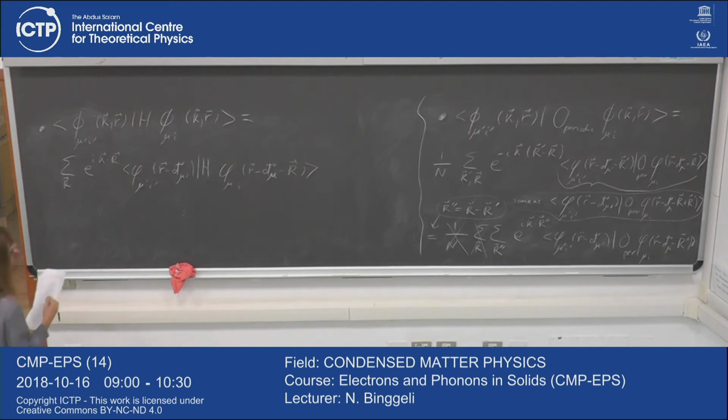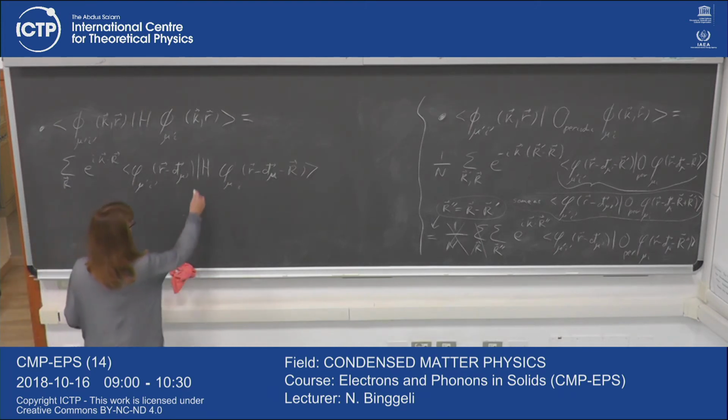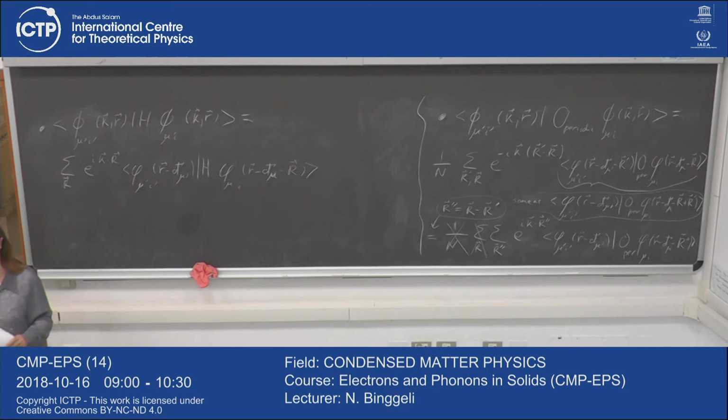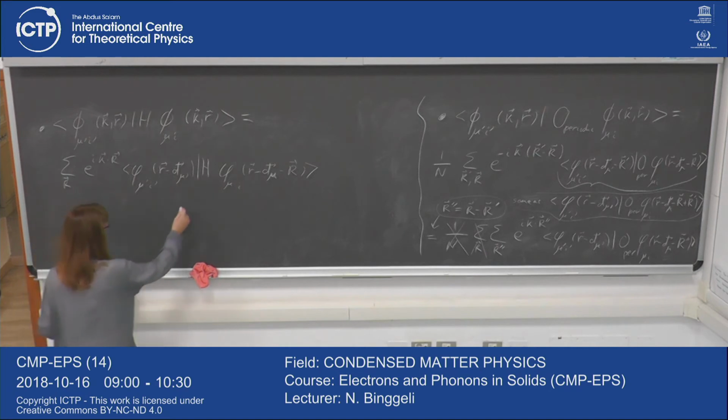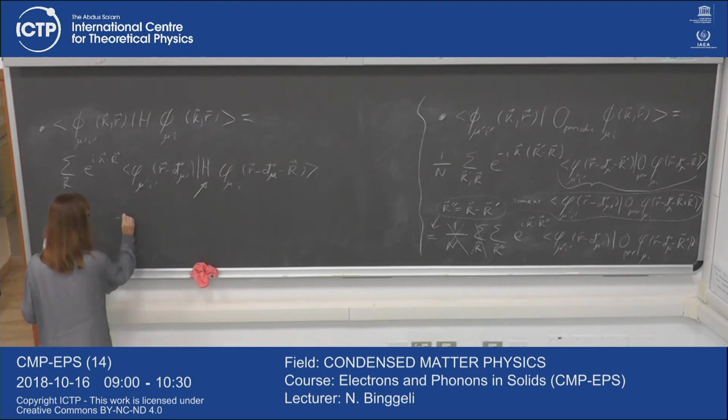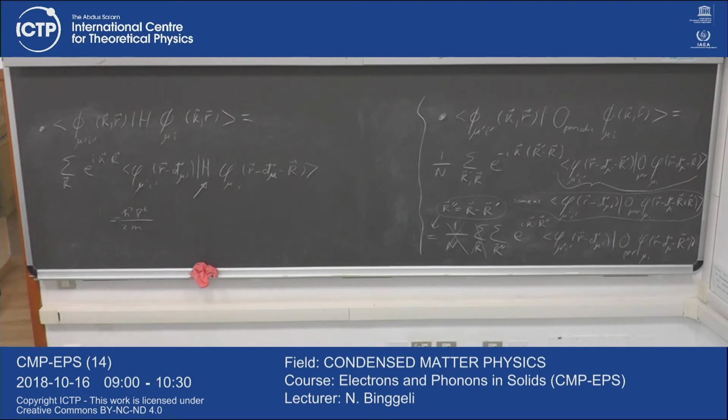All right. And now we will use the fact that the Hamiltonian is a sum over the atomic potential. I mean, the crystal potential is the sum over the atomic potential. So here, my Hamiltonian, I will write it in some special way. I will write the kinetic part, this one, I leave it as it is: h bar square Laplacian over 2m.